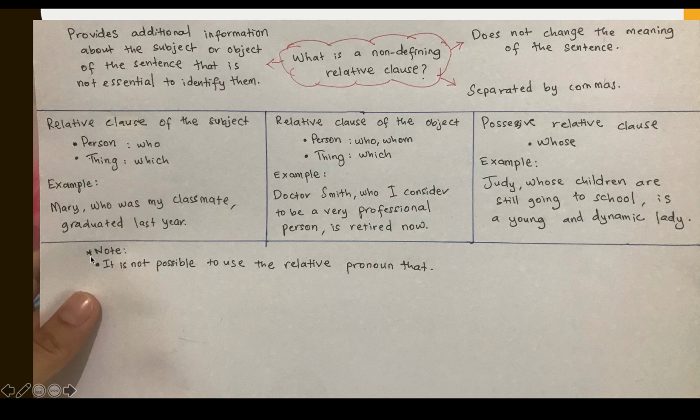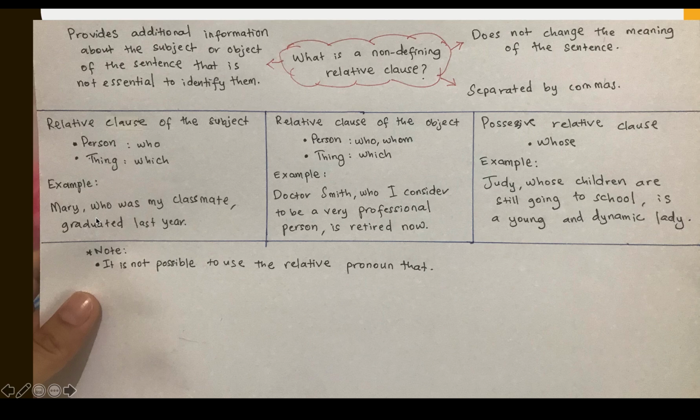Here we have an additional note. It is not possible to use the relative pronoun that in a non-defining relative clause. Let's see one example. Mary, who was my classmate, graduated last year.